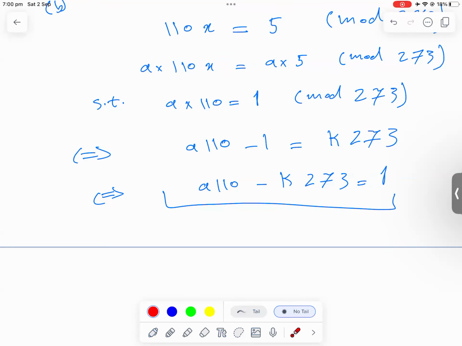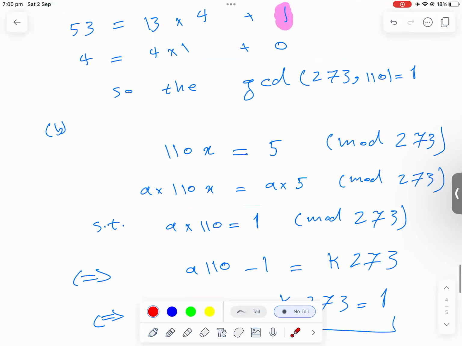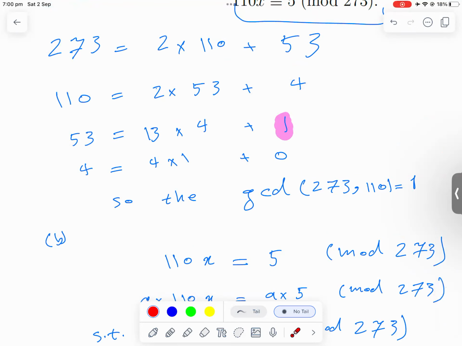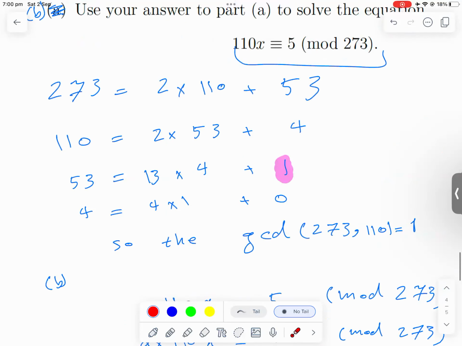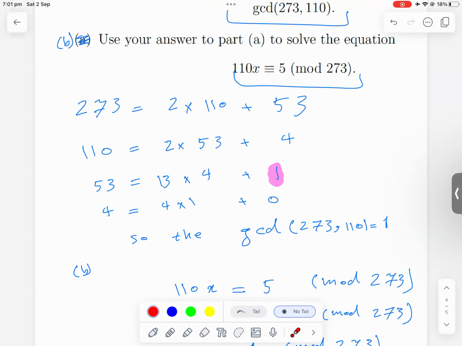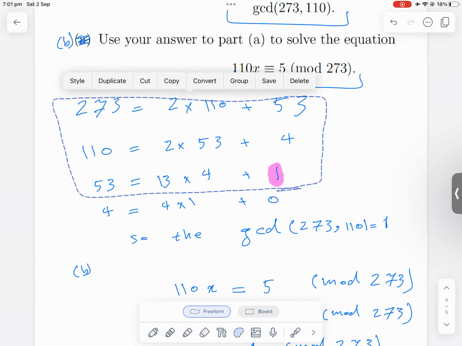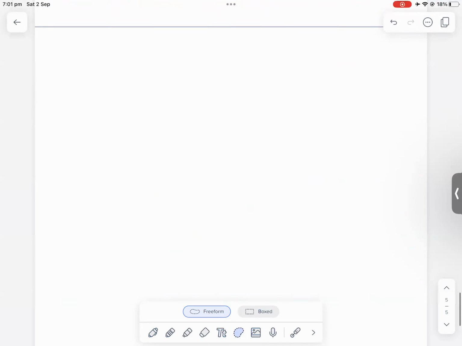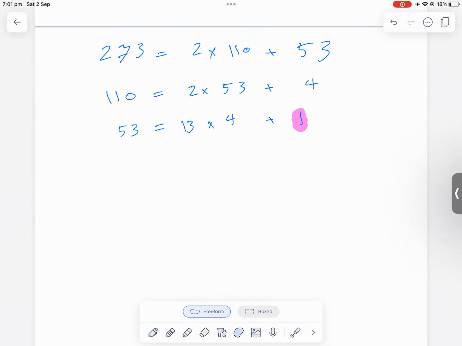To be able to get that linear combination, we can use this part, which I have written here. So maybe I can cheat. Can I copy this part from here? So let's copy this one.